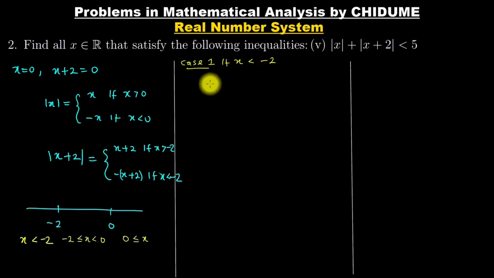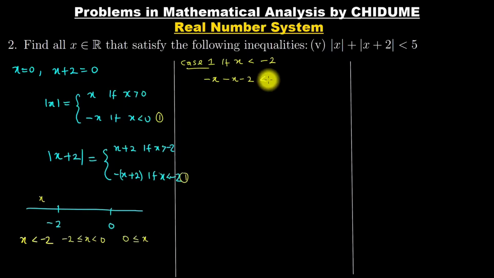I'm looking at this region where x is strictly less than negative 2. Obviously x will also be less than 0. So that means the absolute value of x is negative x, and the absolute value of x plus 2 is negative of x, negative 2.